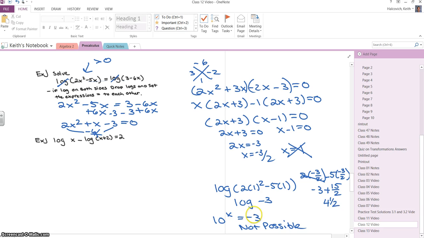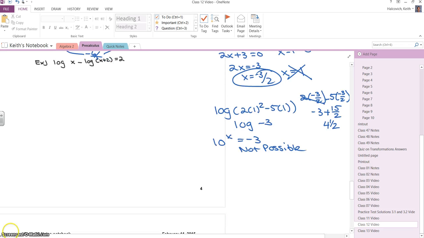So notice it makes it positive. So that's why negative 3/2 works. It's not whether this answer is negative, it's whether, when you put it back in, it makes it positive or negative.